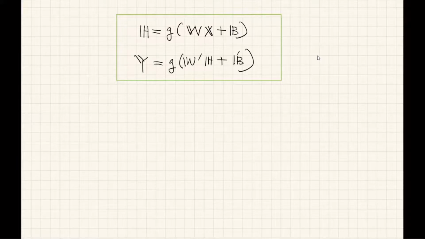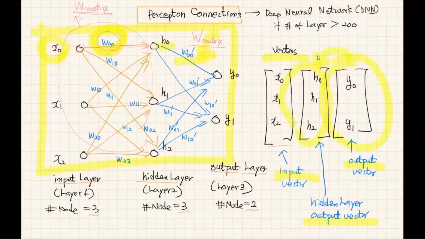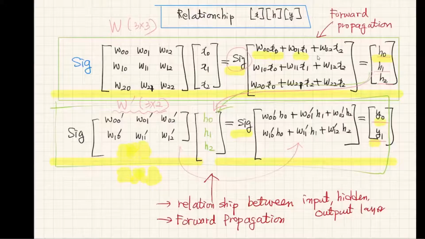So this is the mathematical description of forward propagation. Here, this is the bias at this connection from input layer to hidden layer.